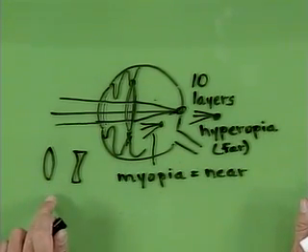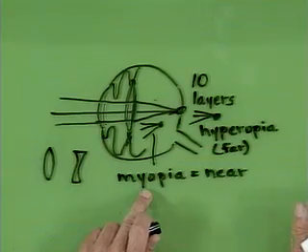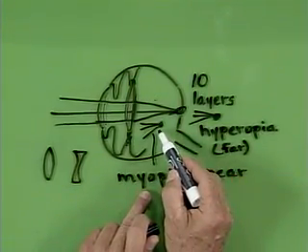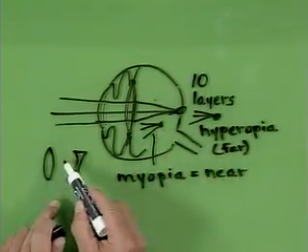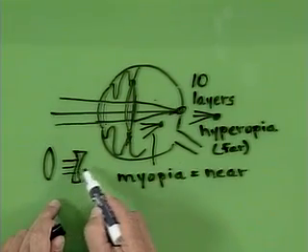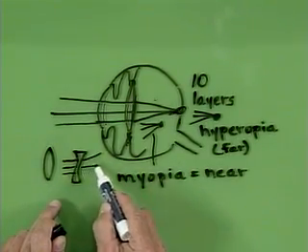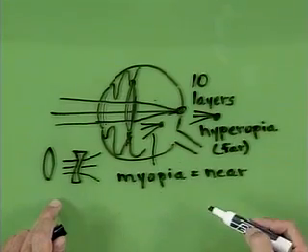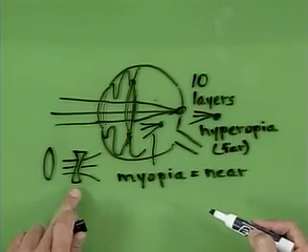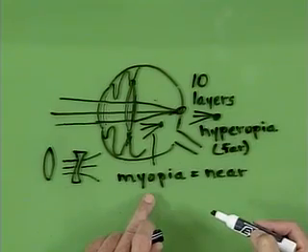And we can correct myopia, this condition right here. Here the light rays are being bent too much, so we need to spread them out a little bit. We'd need this kind of lens because when light goes through it, the light rays tend to diverge. So this kind of lens will correct myopia.